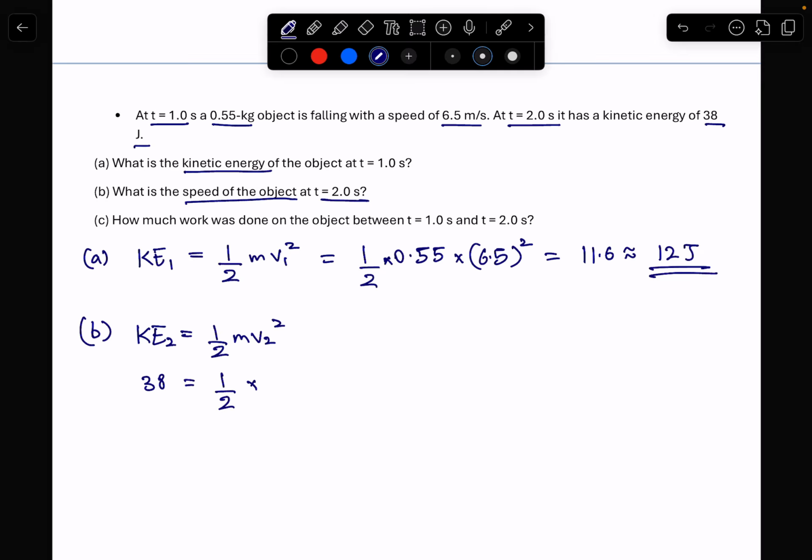Half times 0.55, we don't know velocity 2. So solving this, multiply 2 on both sides, and divide by 0.55 on both sides.